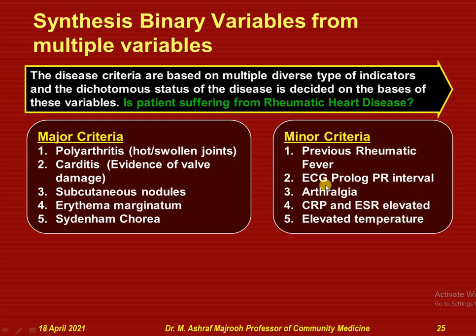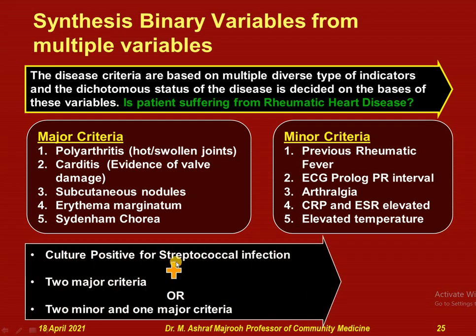So if we look, these are diverse types of variables: ECG PR interval is numeric and arthralgia is qualitative, CRP and ESR are quantitative and the temperature is also quantitative. So these are the complex variables and ultimately we have to synthesize the binary variable.